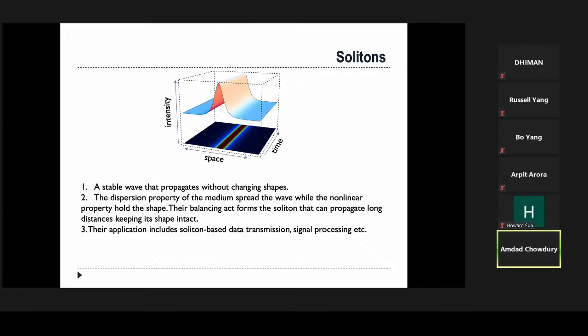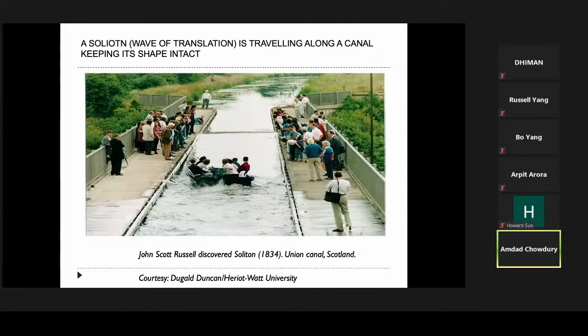Their applications include data transmission, signal processing, and generating new frequencies. It has a lot of applications, and these are a few that I mentioned here. It also has a bit of history. In 1834, a Scottish naval engineer first observed this kind of wave in water, in a canal. This is a recreation of what he did.